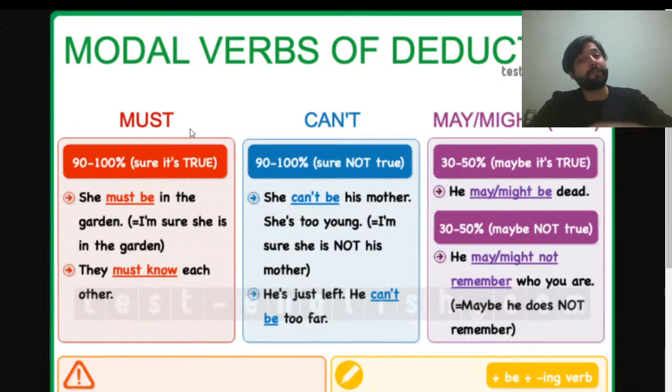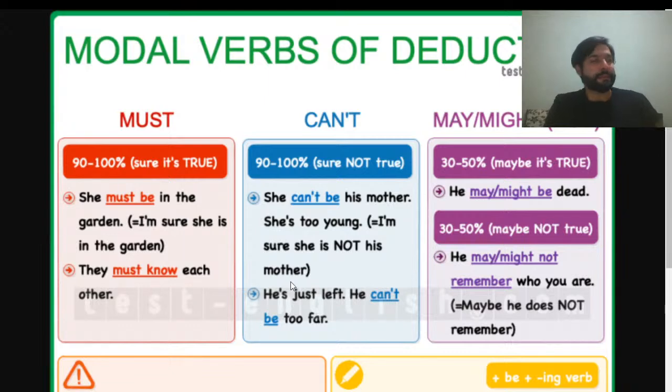The opposite of must is can't. With must, you are almost sure that something is true, and with can't, you are almost sure that something is not true. For example, she can't be his mother. She's too young in the example here. So I'm sure she's not his mother. It's not a fact, I don't know the fact, but I'm pretty sure she's not the mother.